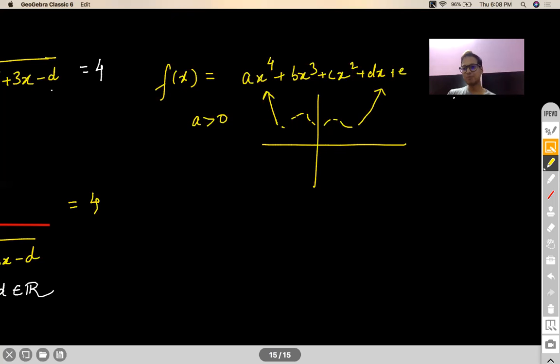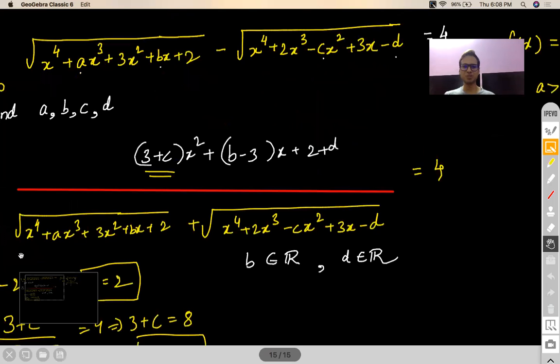As you go to infinity, this graph will also go to infinity. And if you go to minus infinity, this graph will always go to infinity. So under root quantities can never be negative in this case. Both are fourth degree polynomials having leading coefficient 1, which will always open upwards. Open upwards means if you go all the way to plus infinity, your y value will also go to infinity. And if you go to minus infinity, again your y value will go to infinity.